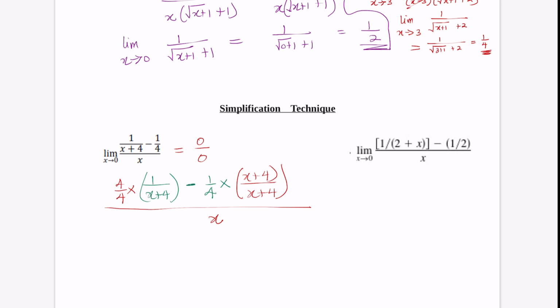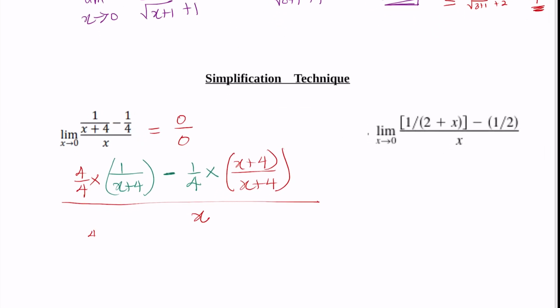So this gives us 4 divided by 4 times x plus 4, minus x plus 4 divided by 4 times x plus 4, all over x.